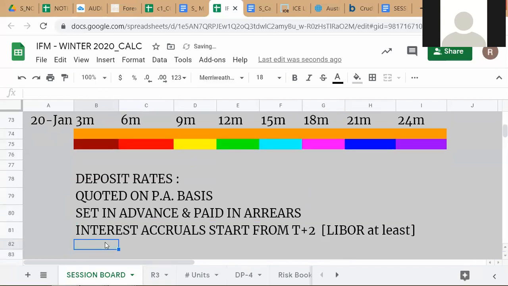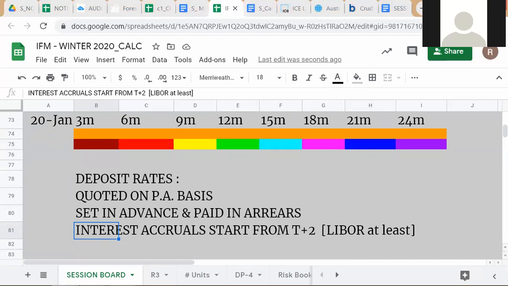What does that mean? Interest accruals start from T plus 2, so if you're looking at today's LIBOR rates, there's a real problem now getting hold of them. I just want to look at the last setting of the LIBOR rates, and these guys have made it so difficult to find. See, a delay of 24 hours.